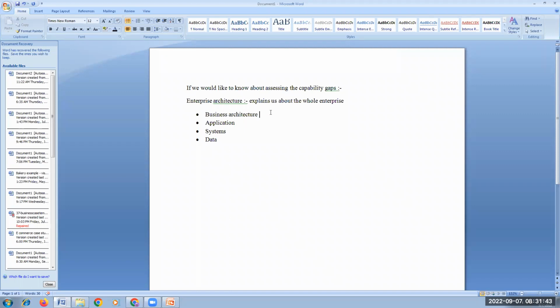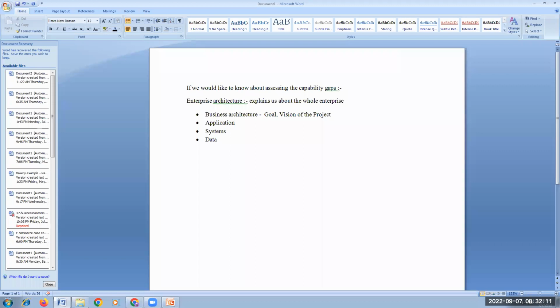The business architecture clearly explains to us the goal and vision of the project. Enterprise architecture majorly focuses on the goal followed by the vision of the project.